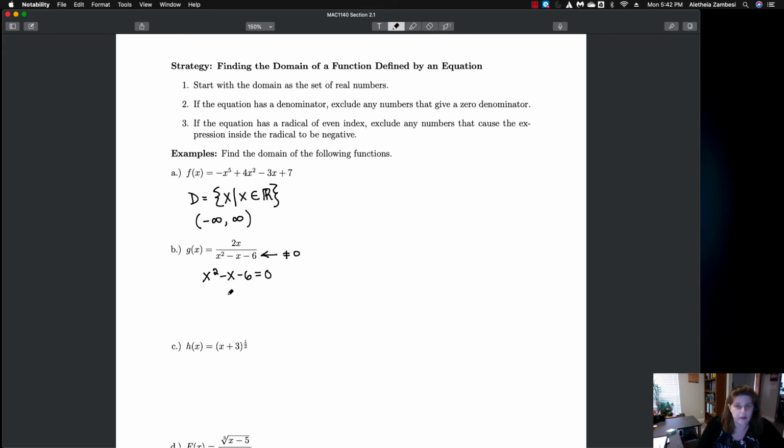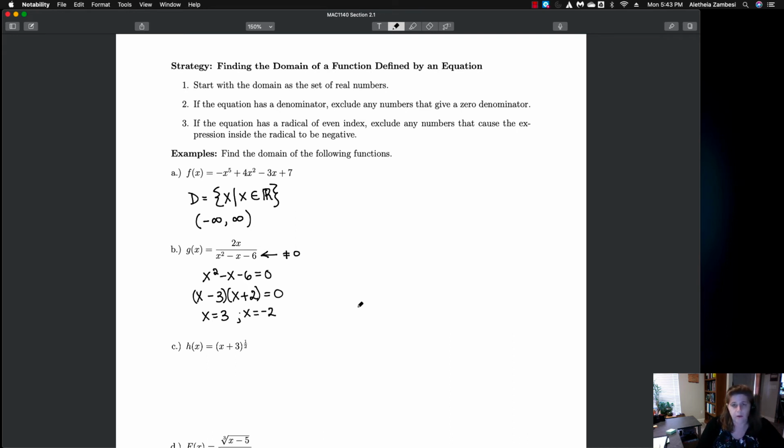We need to factor this since it's quadratic. So my difference is -1, and I'm multiplying to equal -6. So x minus 3, x plus 2 gives me -6, with a difference of -1. This results in x equal to 3, and x equal to -2.